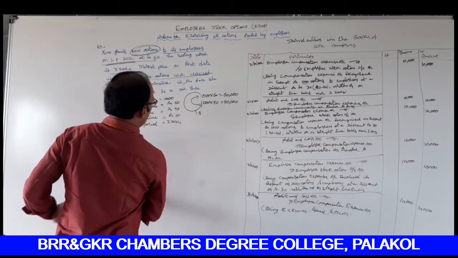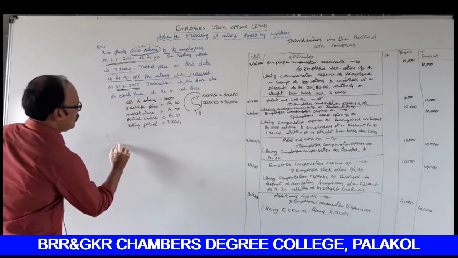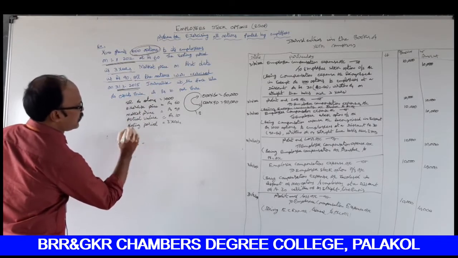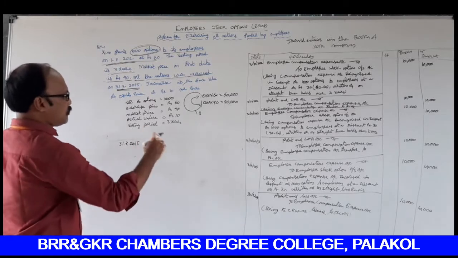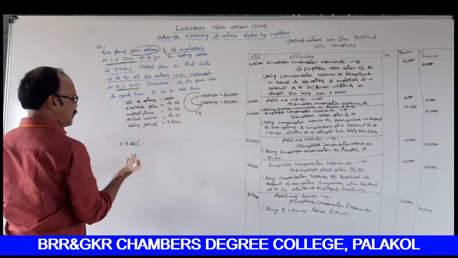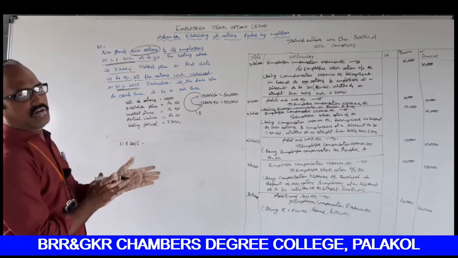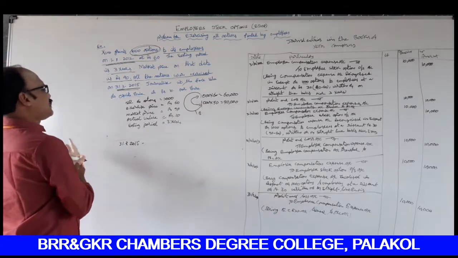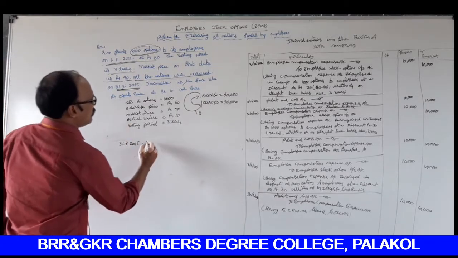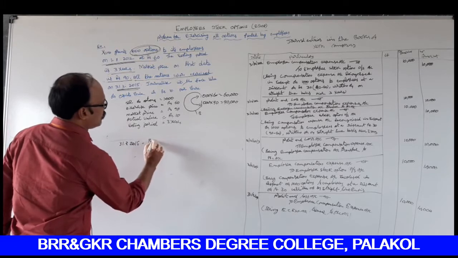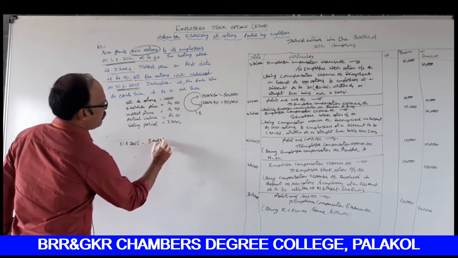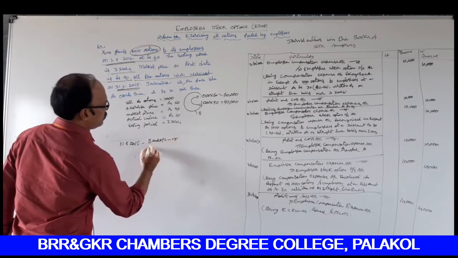On 31st March 2015, how much amount was received from the employees? 60,000 on 1,000 options. So the company received the amount, that's why bank account debit.